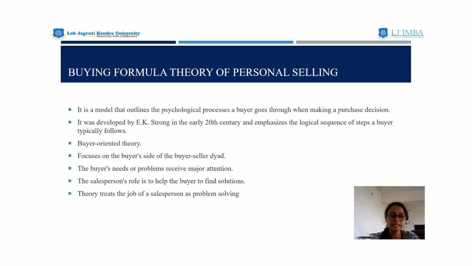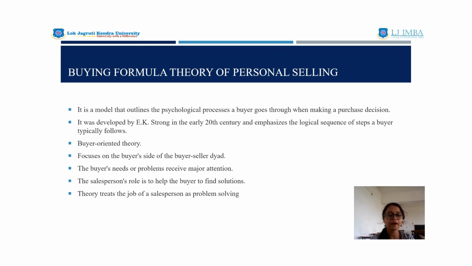The buyer's needs or problems receive major attention. As I said earlier, we are giving attention to the needs or the problems of buyers. The salesperson's role is to help the buyers find the solution. Now there are certain needs, certain problems. So here the job of the salesperson is as a problem solver, right?